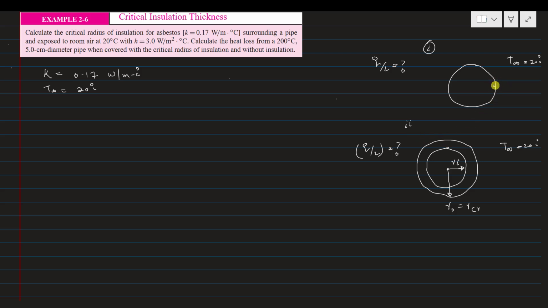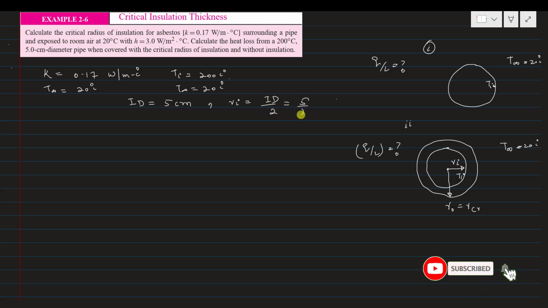The inside surface temperature Ti is 200°C, and the inside diameter is 5 centimeters, so the radius is 5 divided by 2, that is 2.5 centimeters. To convert into meters, divide by 100 to get 0.025.